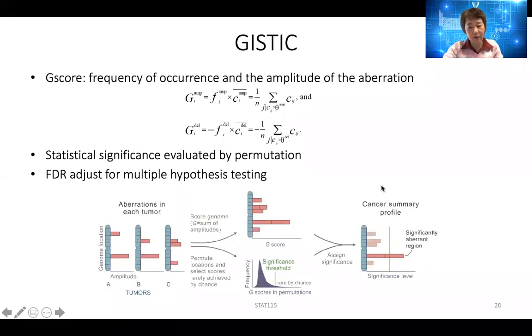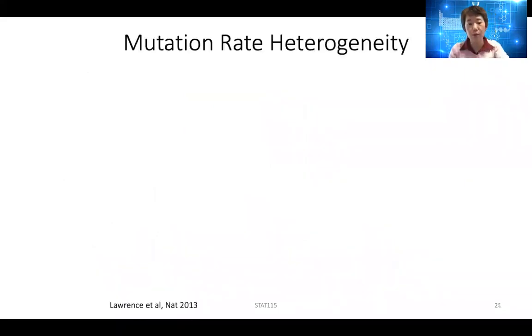So if something is repeatedly amplified in many tumors, not only do they occur frequently, but when they occur, like 3 times, 5 times, or 10 times, that's usually a very strong indication this is an oncogene, because you amplify it, then the patient will get a tumor, right? So the copy number gives you information. If you have a copy number loss, then the patient has a tumor, that's more likely a tumor suppressor.